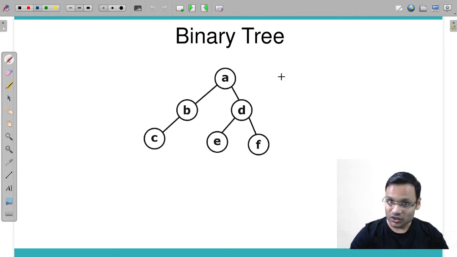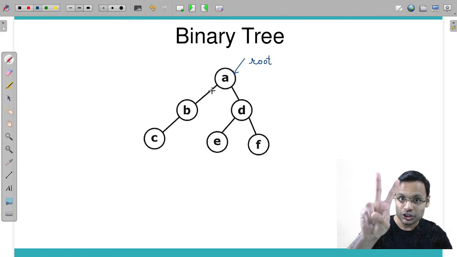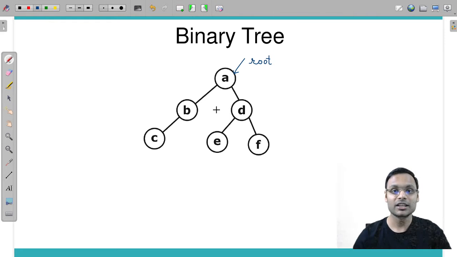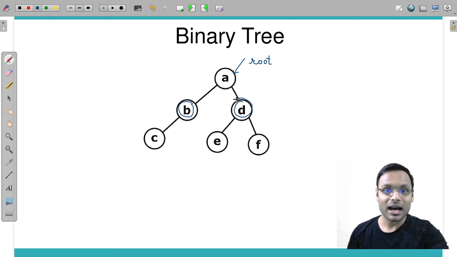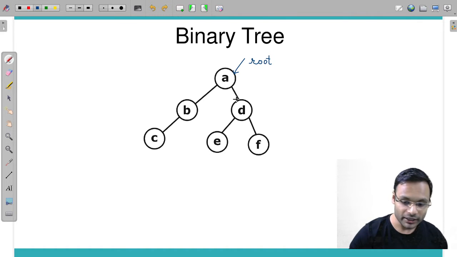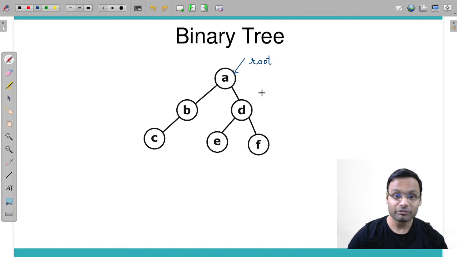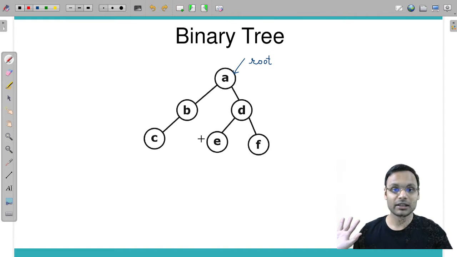So that is one more restriction you need to understand. Let's say this is the tree. In this tree, the root is A. Can you tell me the left child of A? A has 2 children. Left is B, right is D. You can see here, left is B, right is D, specifically bifurcated. Got it? Now look at this. B has 1 child only, a left child, and the right child is not available.